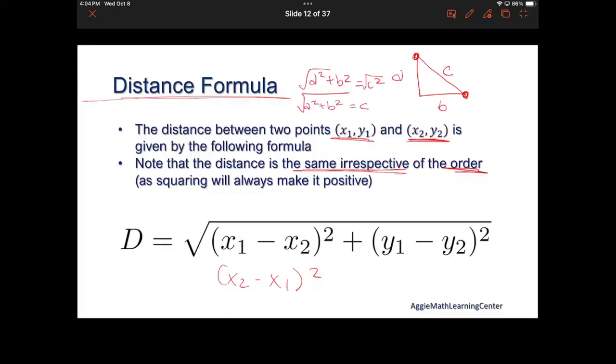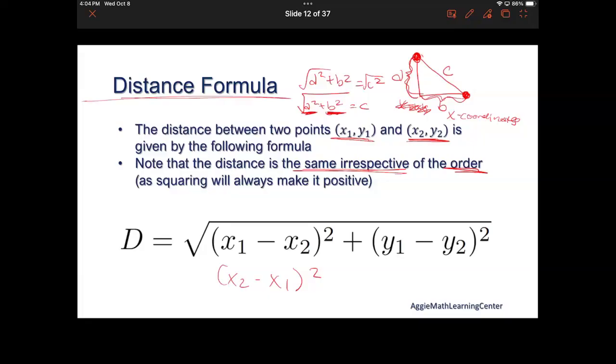So if we have two points here, their distance from here to the x-axis, let's say, is going to be the difference between the y-coordinates. And the difference over here is going to be the difference between the x-coordinates. So the length here is the distance between the y-coordinates, and the length here is the distance between the x-coordinates.